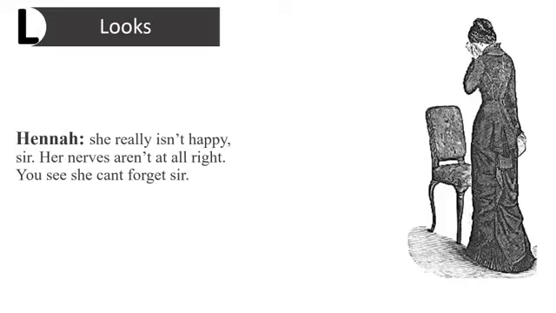Her nerves aren't at all right. You see, she cannot forget, sir." Hannah's perspective already tells us the mournful condition of Mrs. Maldon. Look into more dialogues, put an image of a character's appearance in your head.